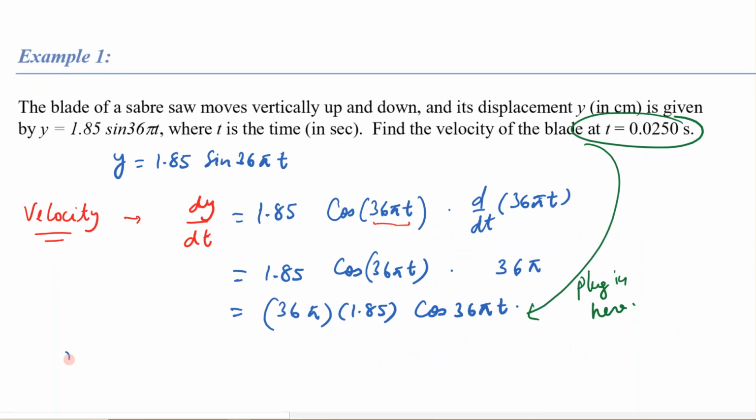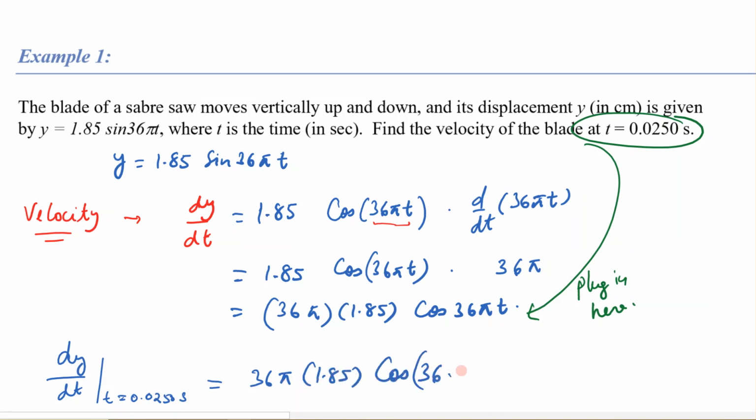So dy over dt when time is equal to 0.025 seconds is given by 36 pi times 1.85 cosine of 36 times pi times 0.025, and overall this is negative 199 centimeters per second.